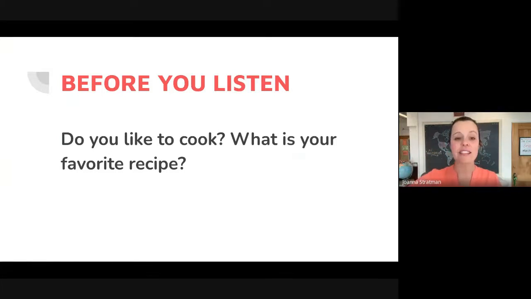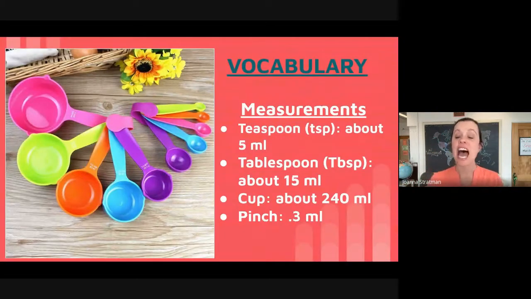Let's look at some vocabulary that could be in a recipe. We have measurements, vocabulary about measurements. In the United States, we do not use liters or milliliters, but we use words like teaspoon, tablespoon, and cup.